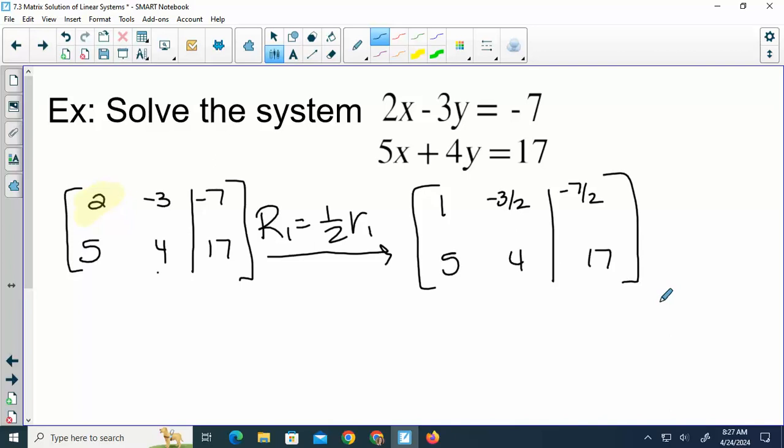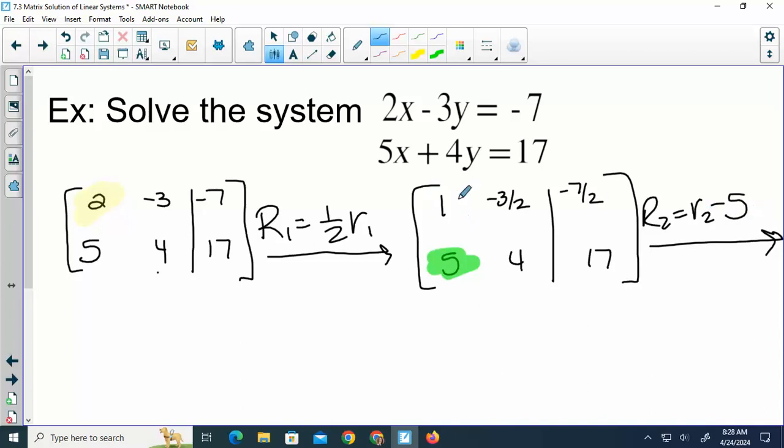Alright. Next step, we need this to be 0. So -5, but you can't just subtract a number.